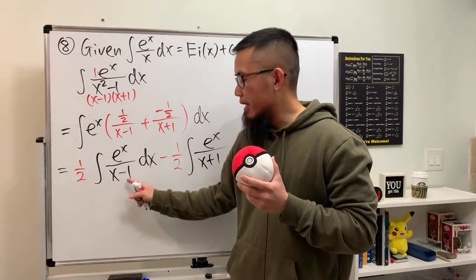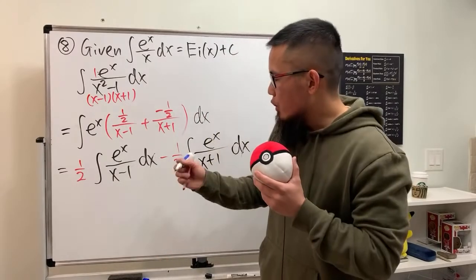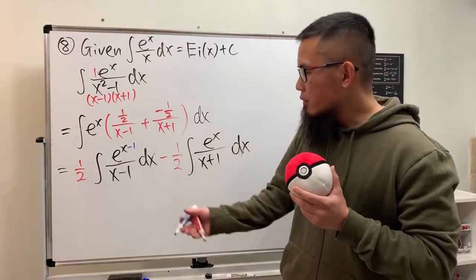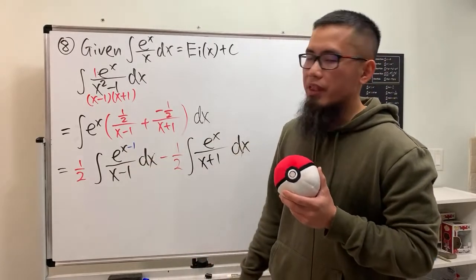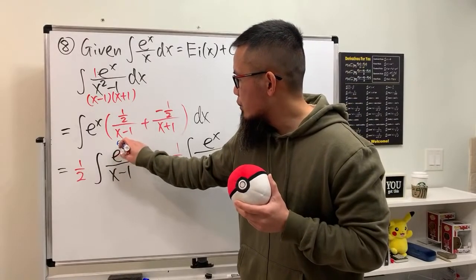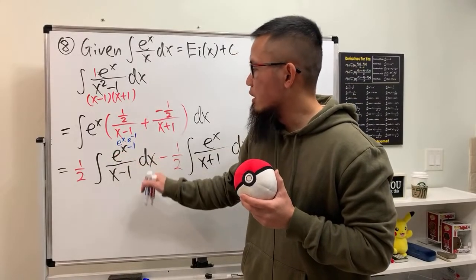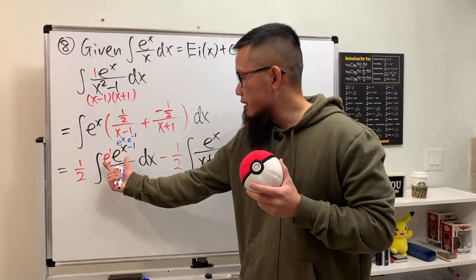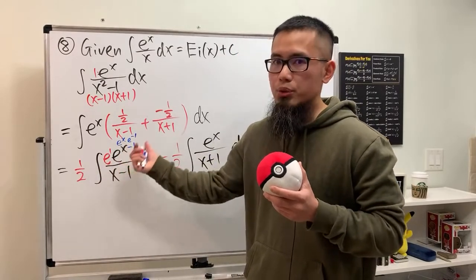This is x minus 1. So really, we want to have x minus 1 here. But of course, if we do that, that changes the whole thing. But don't worry. This right here is the same as saying e to the x times e to the negative 1. So we can just multiply this by e to the first power. If you multiply this out, you will still get e to the x.